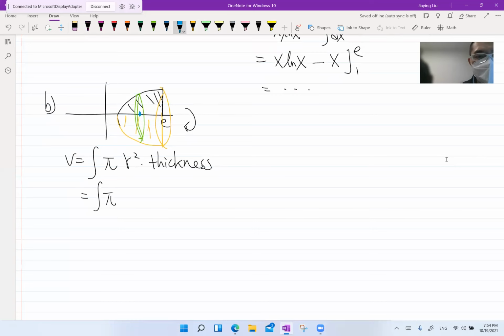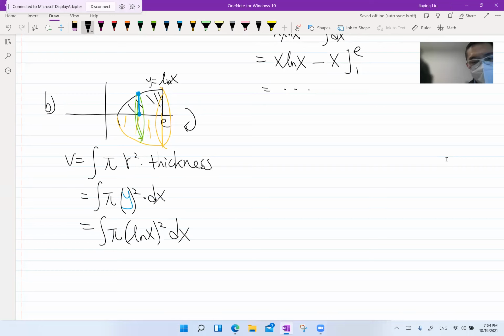The radius is the distance from the point on the curve to the x-axis. So that's what I'm going to call y. So y squared, y being the radius. And the thickness is in the x direction, so that's dx. The next step is to rewrite the y there. So we get pi, y is natural log of x, so natural log of x squared dx. And again, the boundary values are from 1 to e.